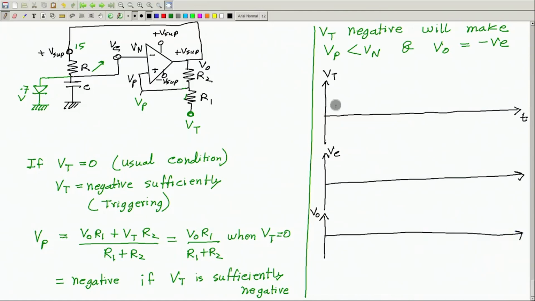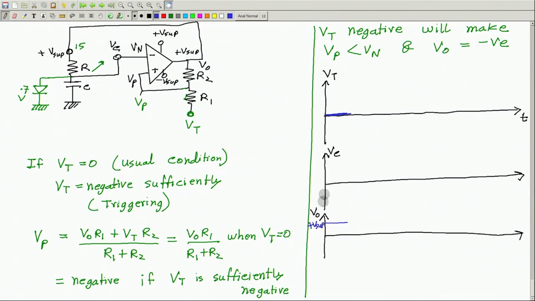Say at some moment this voltage Vt is 0, it is kept 0. Okay. If this is 0 and say initially also Vo is positive, okay. Say if Vo is positive, means equal to plus V supply, then what is going to happen to Vc? Say we start with some initial value of Vc.